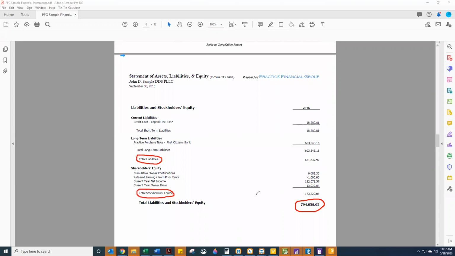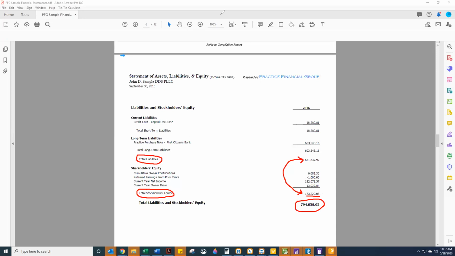Okay, that's equity. So a liability is some amount you owe someone else. Your equity is how much you actually own of the business. And over time, these numbers switch, right? As you pay down your debts in the practice, and once you don't own any practice debt, of course, then all of the assets become yours and will turn into equity for your practice.